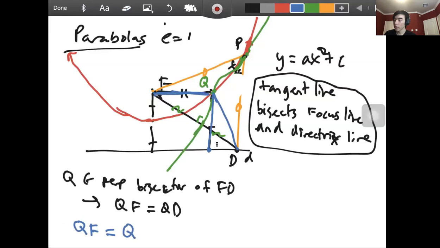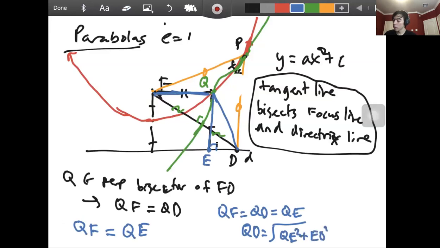Let's call this point E. So QF equals QE. And now here's our conundrum. We have QF is equal to QD, which is equal to QE. But clearly QE and QD cannot be the same, because QD, by the Pythagorean theorem, is a bit more than QE. So this can't be true, which is a contradiction.